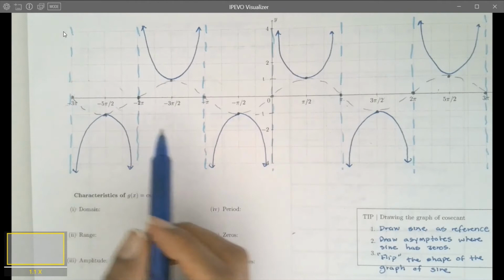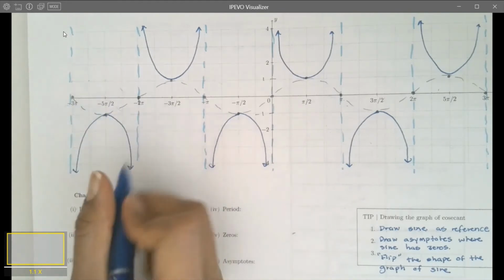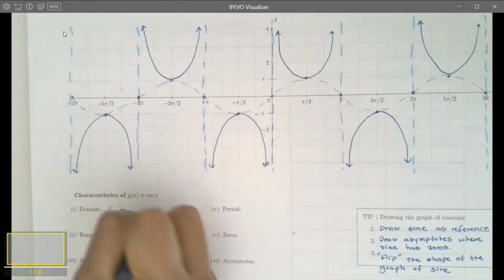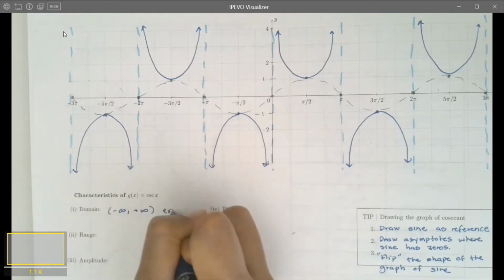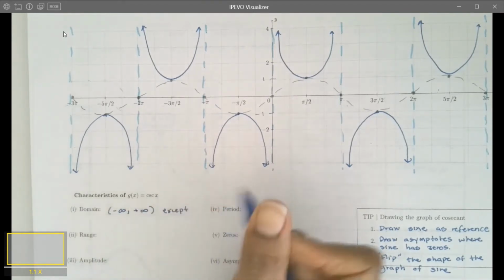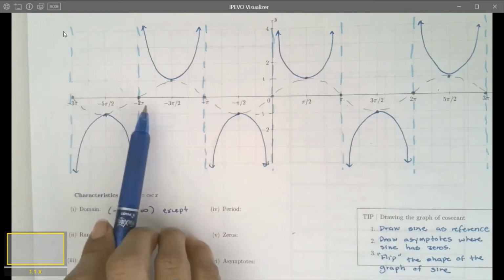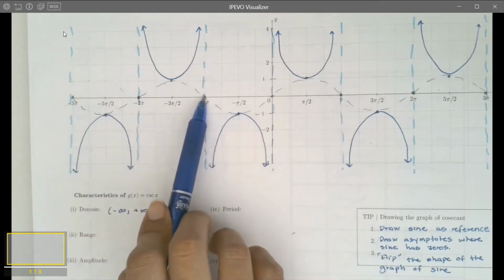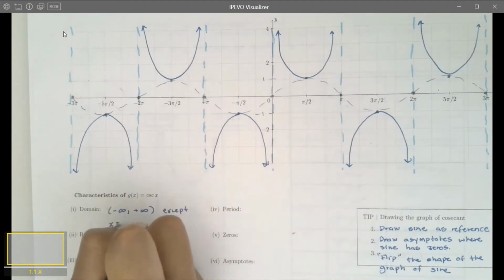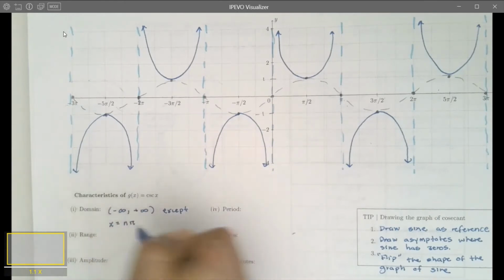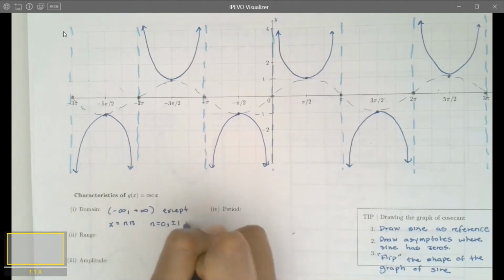That means that in the domain, we'll have everything from negative infinity to positive infinity, except the places where we have multiples of pi, because at multiples of pi, we have asymptotes. So except where x is equal to n times pi, where n can be any positive or negative integer or 0.